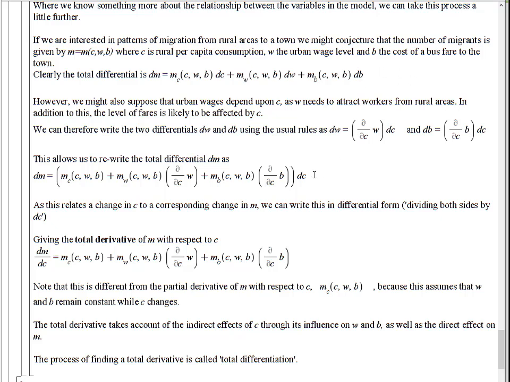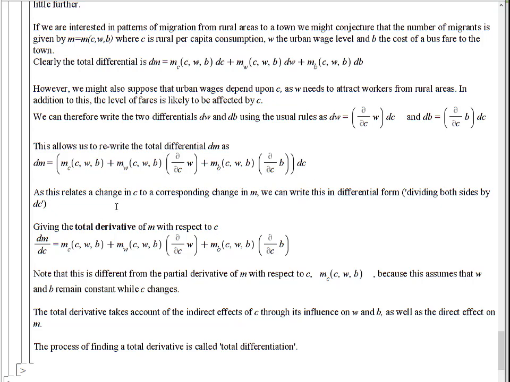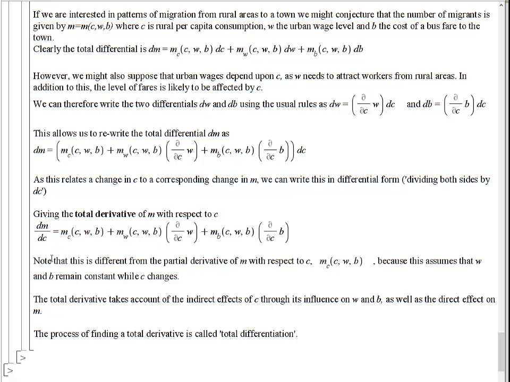So the whole thing eventually just depends on dC. So you end up with this. And at this point, you can write it in differential form. So divide both sides by dC in a sense. And that gives you what we call the total derivative of M with respect to C, which we write like this.